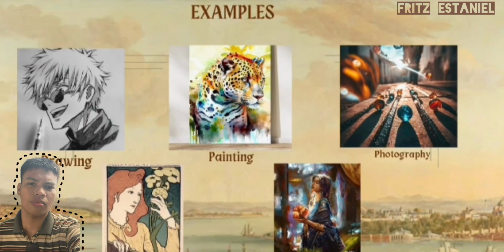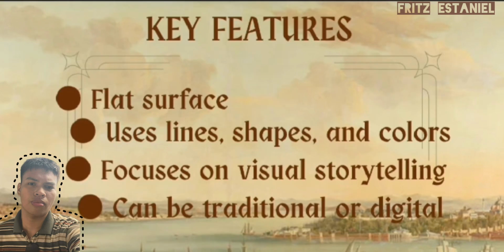Key features: there are four main characteristics that define 2D work. One, it exists on a flat surface. Two, it relies on lines, shapes, and colors to create imagery. Three, it focuses heavily on visual storytelling. Four, it can be created through traditional methods like pencils or digital screens.